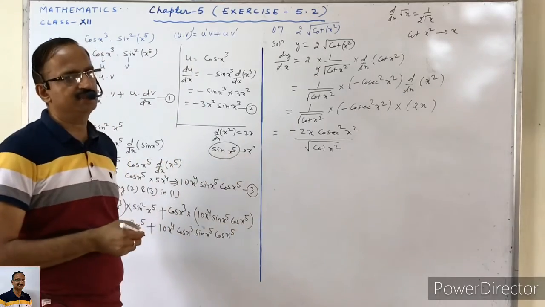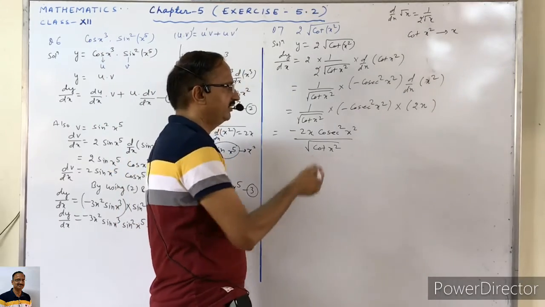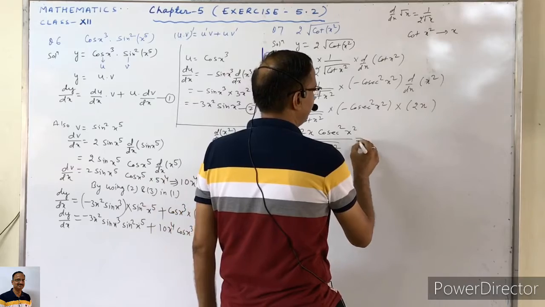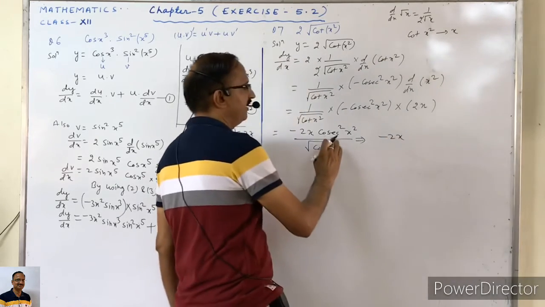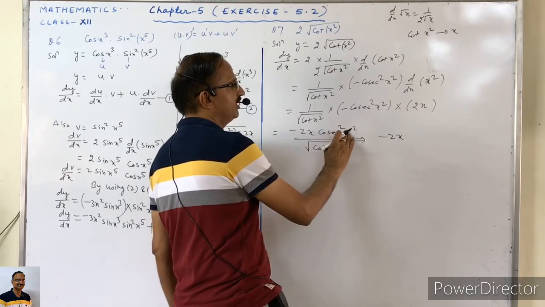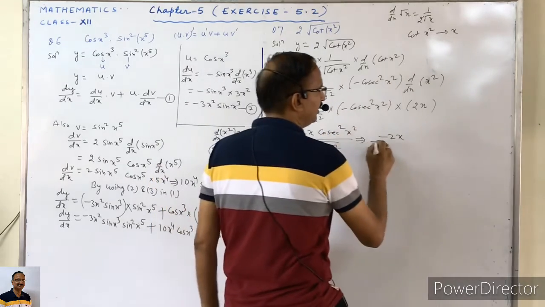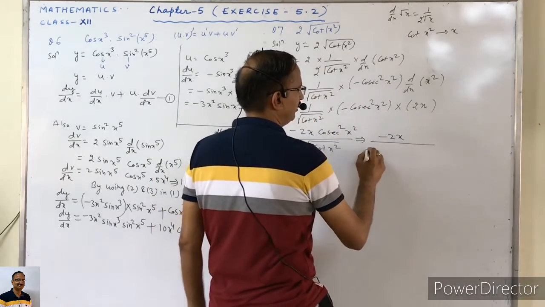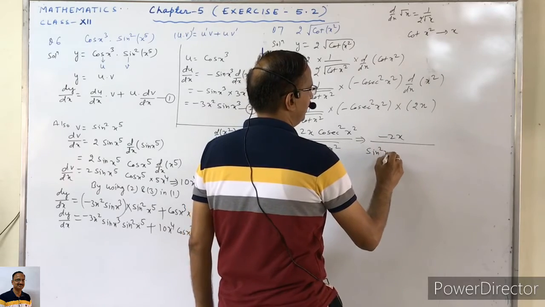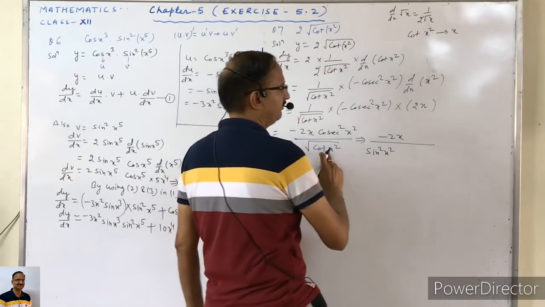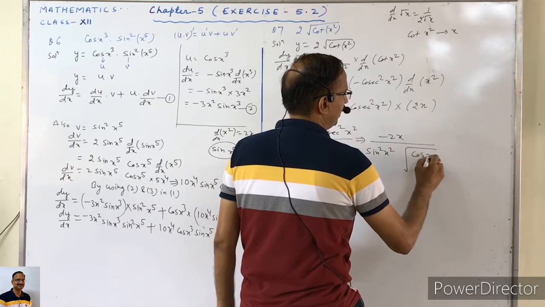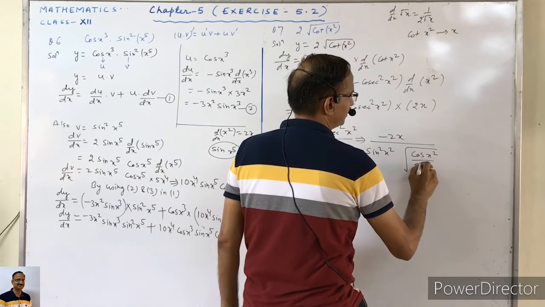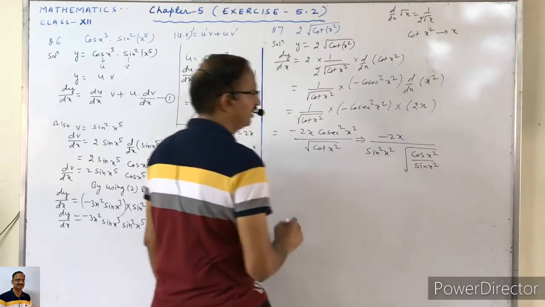This is the answer. Now by further simplification, we can write this as minus 2x. When we write this cosec square x square in the denominator, this will become sine square x square, and we can write this as cos x square by sine x square.